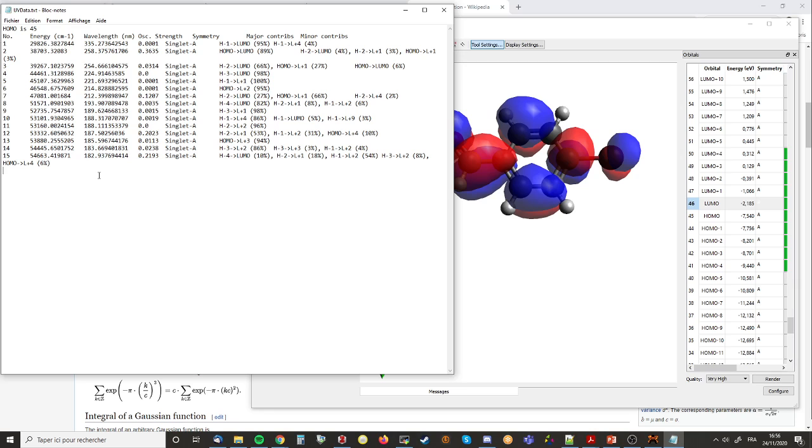Moreover, the HOMO is the highest electrons in energy, that means the most reactive, and the LUMO the lowest vacancy, the lowest unoccupied molecular orbital. That means if you want to add an electron, it will go to the LUMO. So this is the most reactive acidic part, and by just changing the surrounding, you can change the energy levels.